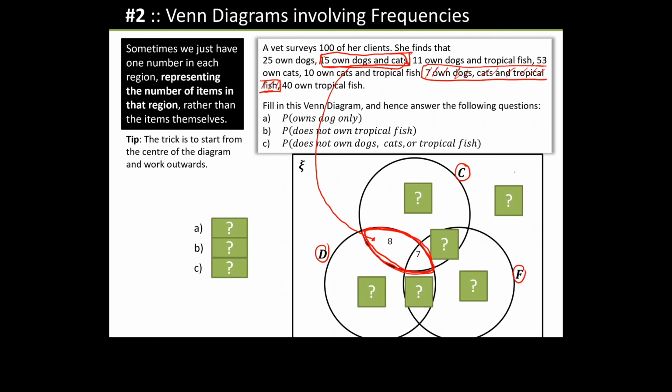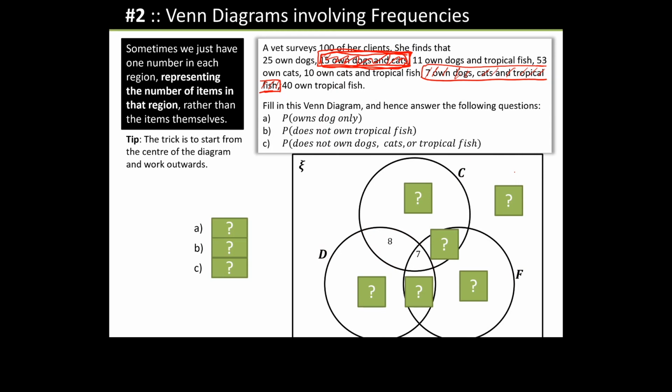Dogs and cats is this whole area, of which we know 7 own all 3, dogs, cats and tropical fish, and 8 now we know only own dogs and cats. Because the word only wasn't mentioned here, it means 15 own dogs and cats is representing that whole thing. So that's how we need to look out for that word only, which is a very key word here. So we've done that now. Let's tick that off.